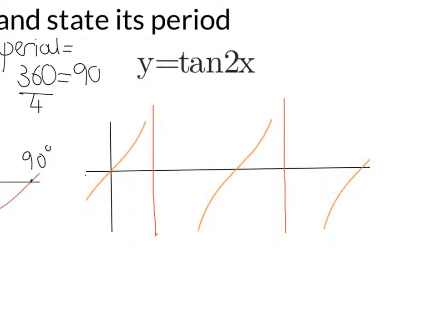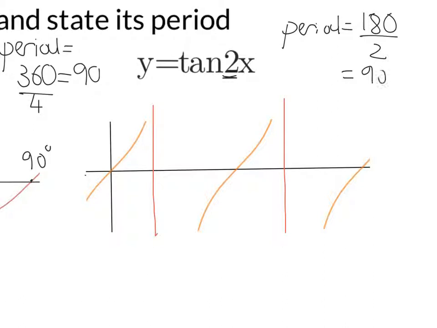Okay, so what we do worry about when we're drawing the graph is where the asymptotes are and where the x-intercepts are. Now, the period of a normal tan curve is 180 degrees. So we need to divide that by 2 in this case.